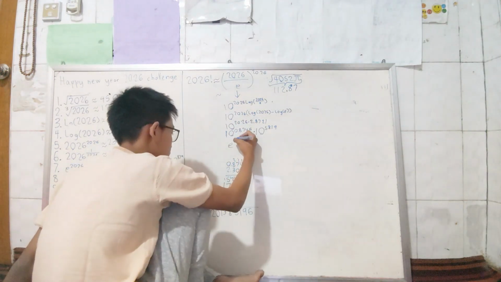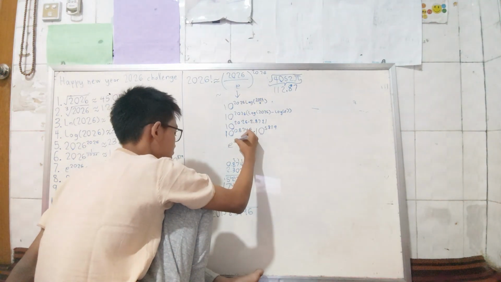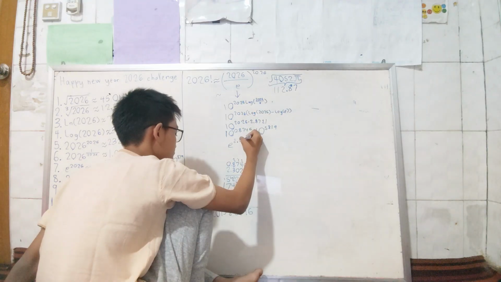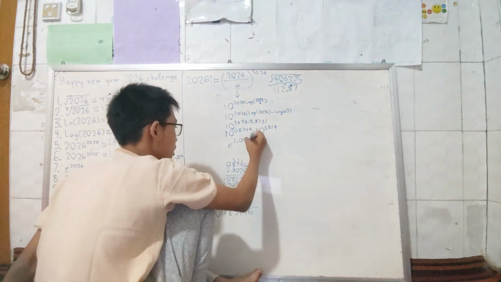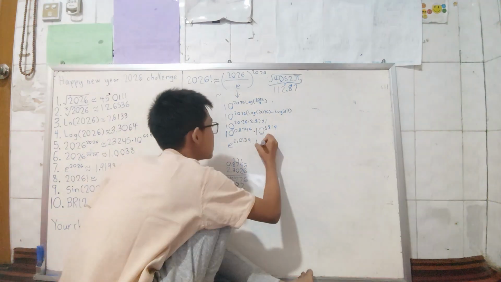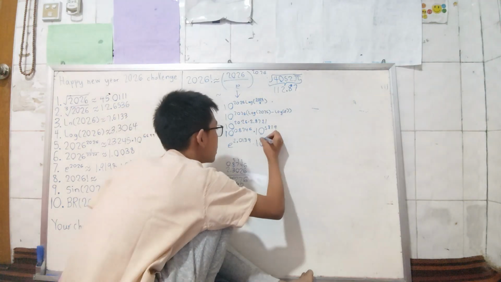So that is going to be equal to the 2.0139 times 10 to the 5819.